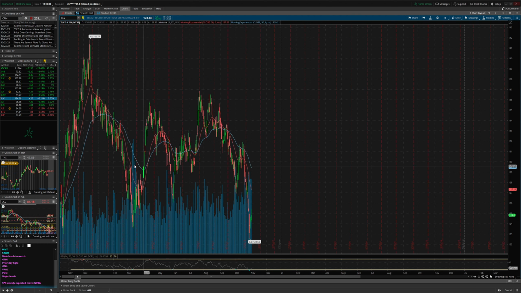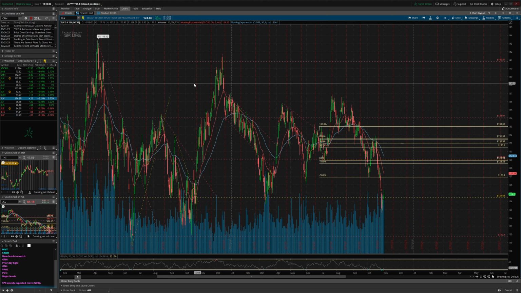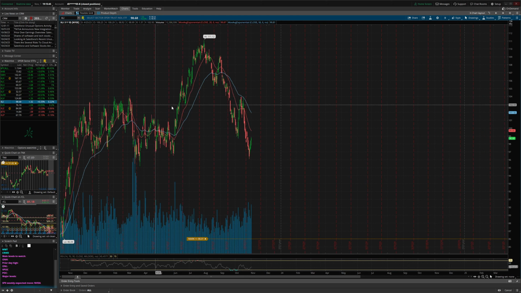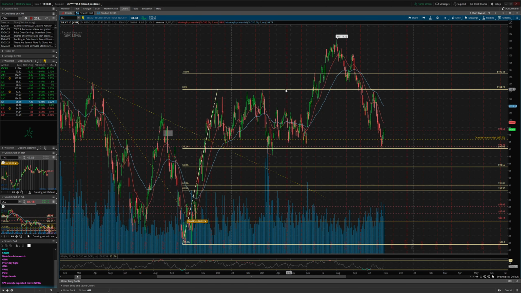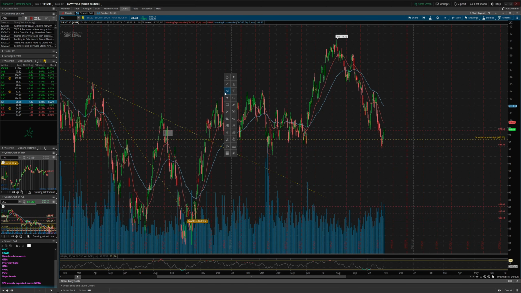Healthcare is down 8%. Industrials, let me get rid of this. Industrials are flattish, down 0.64%, so that's kind of flat, right?